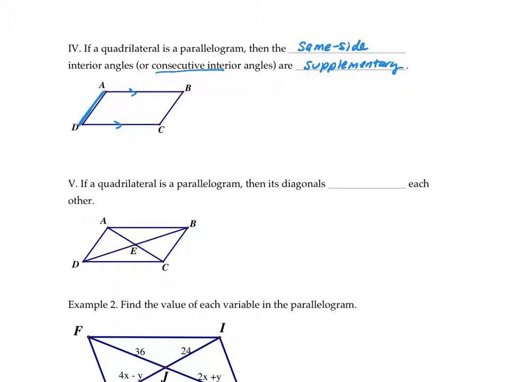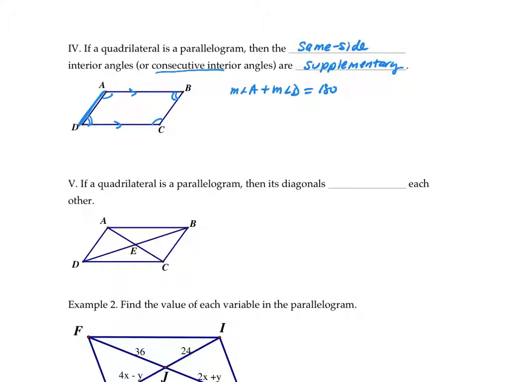AD would be the transversal between AB and DC. And so when we have two parallel lines cut by a transversal, then same side interior angles would be supplementary. So the measure of angle A plus the measure of angle D would have to be equal to 180. Okay, same thing goes with B and C.